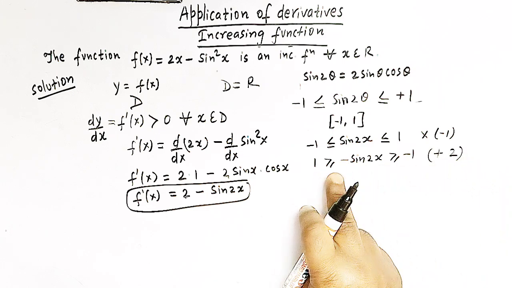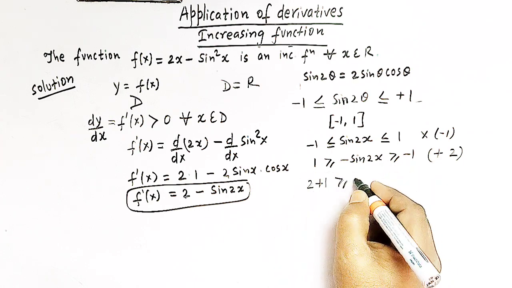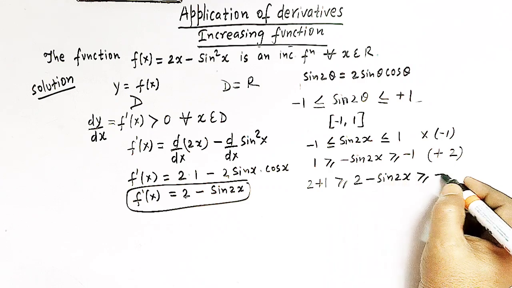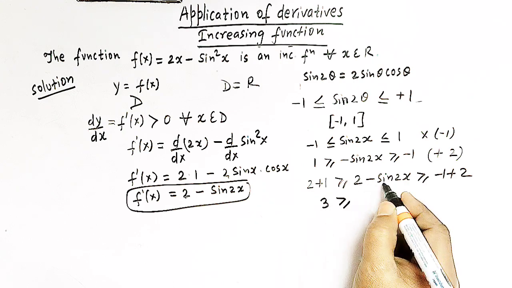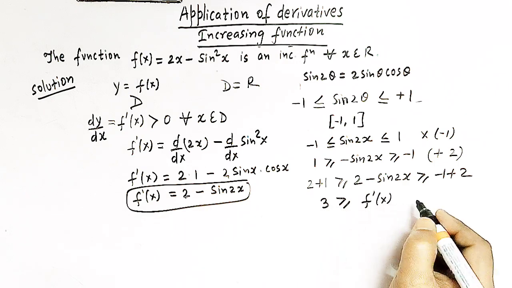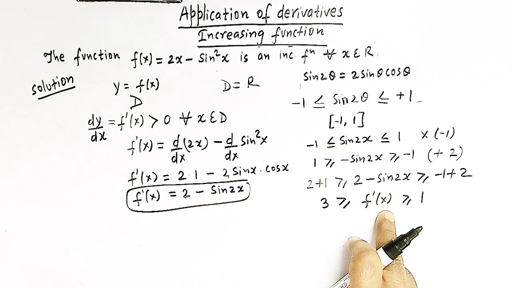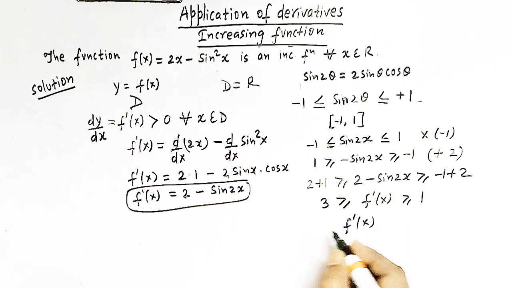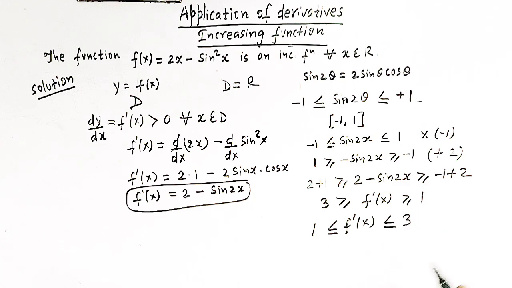Adding 2 throughout this inequality, we have here 2 plus 1, here we have 2 minus sine 2x, and here we have -1 plus 2. So 2 plus 1 is 3, and 2 minus sine 2x can be replaced by f prime of x, and here we have 2 minus 1 is equal to 1. So we can also write this inequality as f prime of x is greater than or equal to 1, but less than or equal to 3.